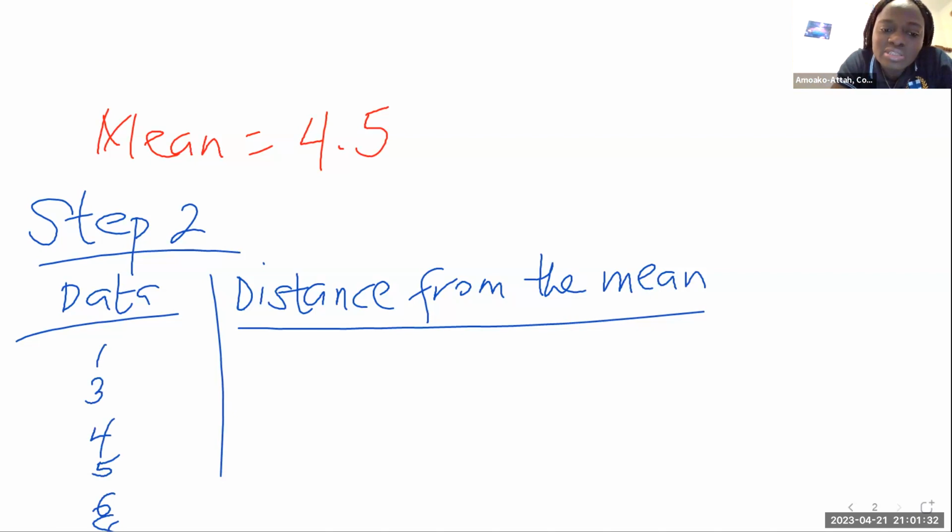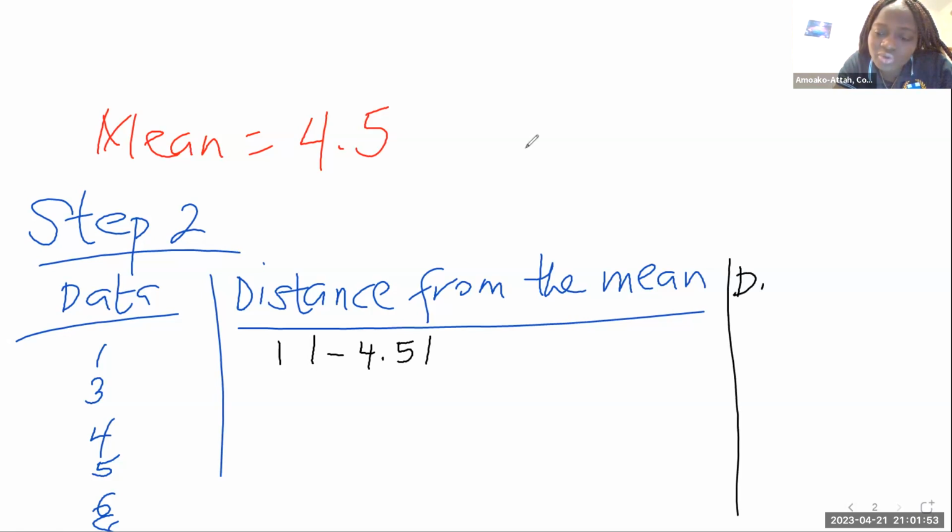It means that we are going to subtract each data from the mean. So you're getting 4.5, right? So 1 minus 4.5, and this is giving us an absolute value. Let me break down the differences for you. The difference here is negative 3.5.